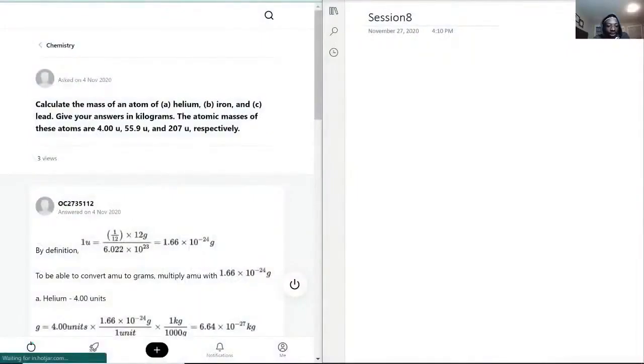Okay, so this question is asking us to calculate the mass of an atom of helium.